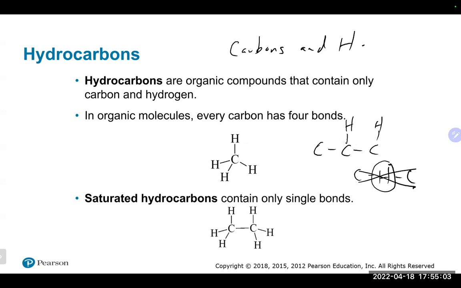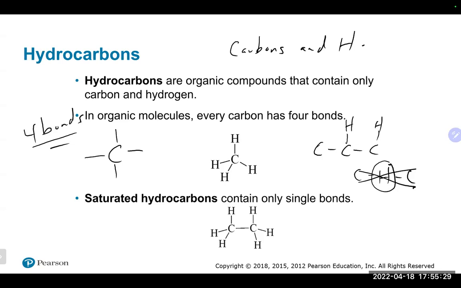In organic molecules, a very important thing to remember as we go through these chapters and you're drawing things is about bonding, and carbons really need to get to 4 bonds. So carbon does need to complete the octet rule. It typically in organic molecules has 4 bonds.